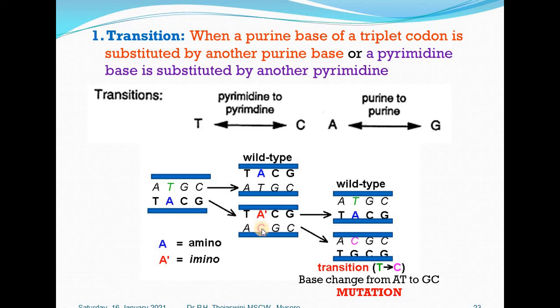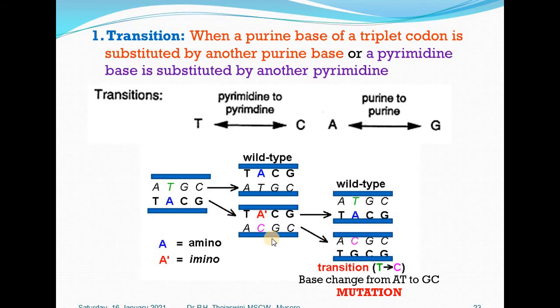Due to some alteration, if the adenine gets converted into the imino form, it is going to pair with cytosine. This actually brings about the alteration in the genome. So, in the next generation, when this strand replicates, due to some unknown mechanism, like I said, the repair mechanism gets operated and it reverts back into the amino form. It is going to pair with thymine. Then the normal wild type will be restored.